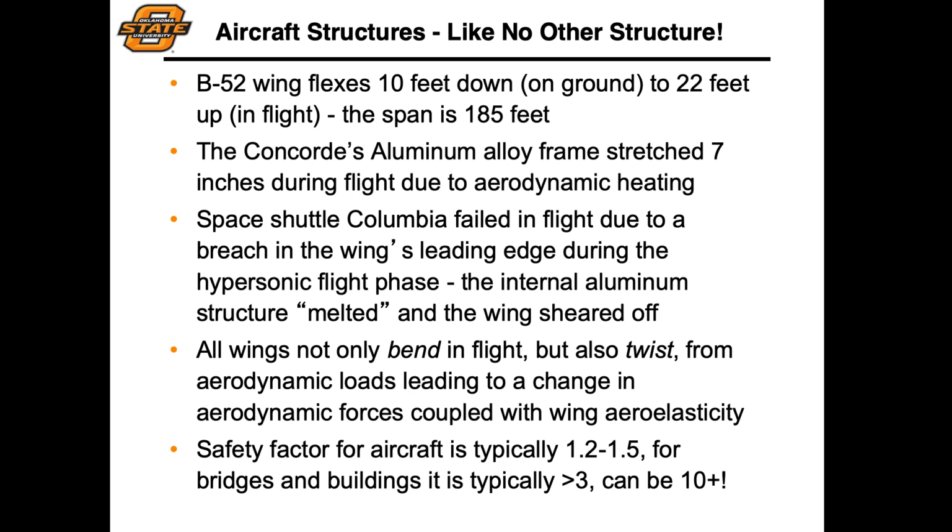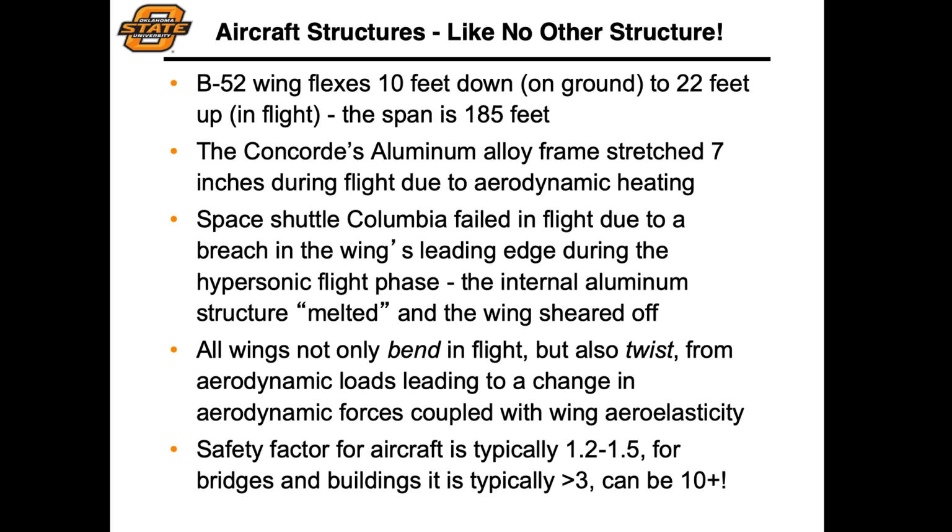And the Space Shuttle Columbia, if you look at both of the Space Shuttle tragedies, it was really structural failures that led to both of these. The Space Shuttle Columbia specifically failed during flight as it was re-entering the Earth's atmosphere, due to an accident during the ascent phase when part of the insulating foam that covered the main external tank broke off and ruptured the carbon-carbon leading edge.